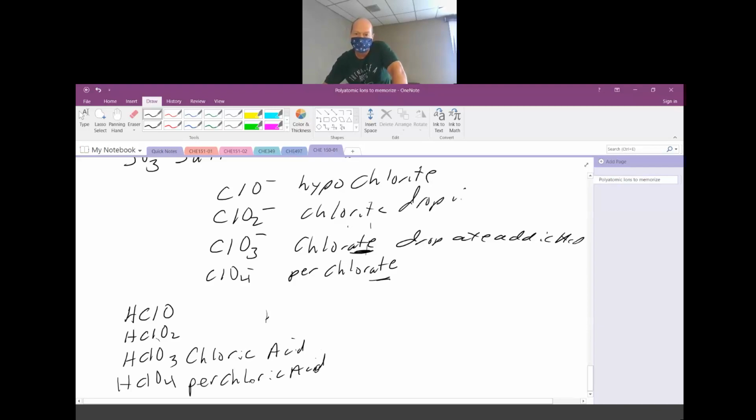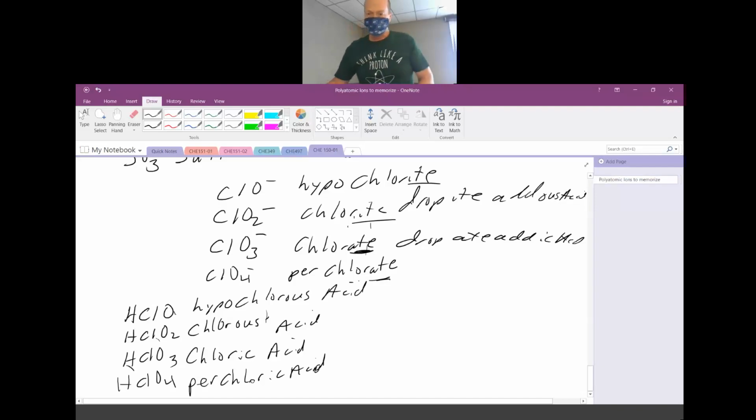Remember, you drop the ite and you add ous acid. And so this is chlorous acid. And this is hypochlorous acid. Now you can name all kinds of acids.